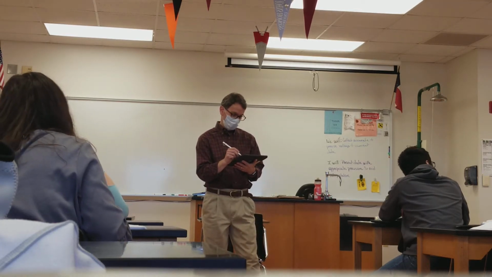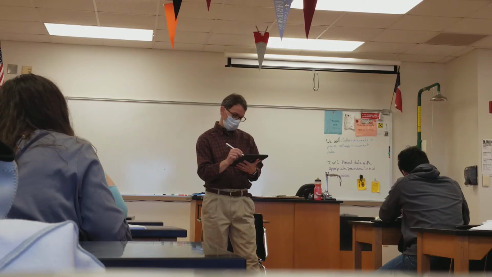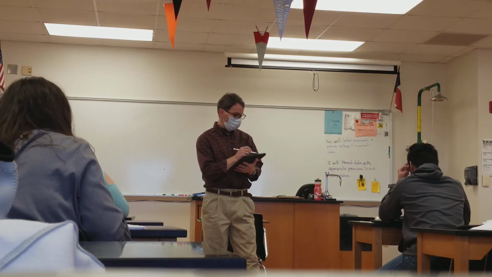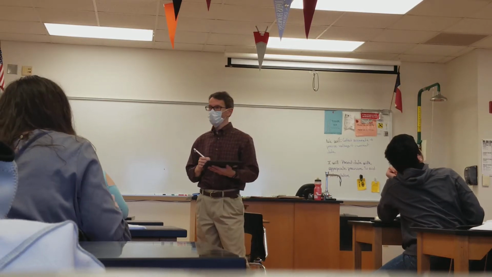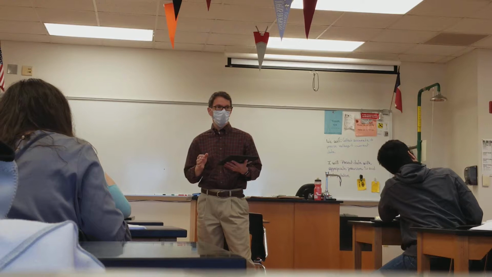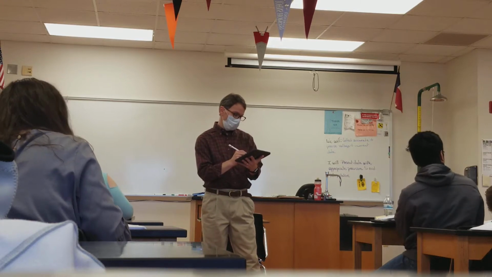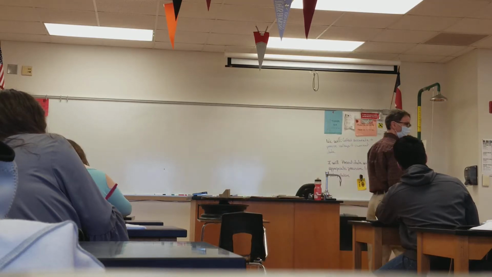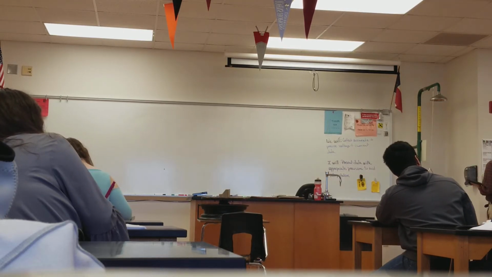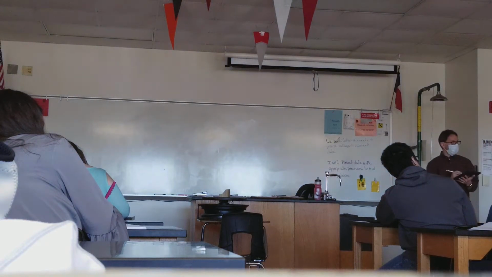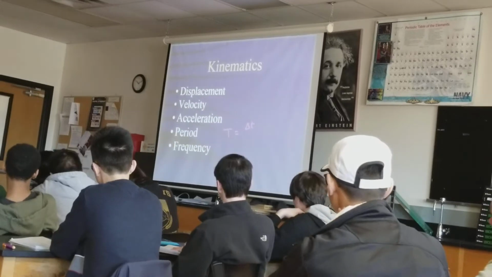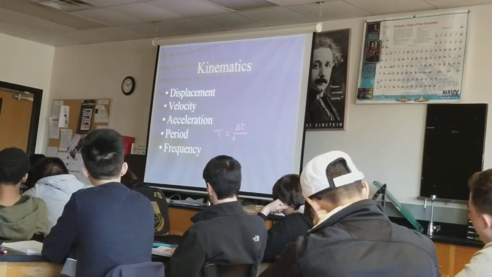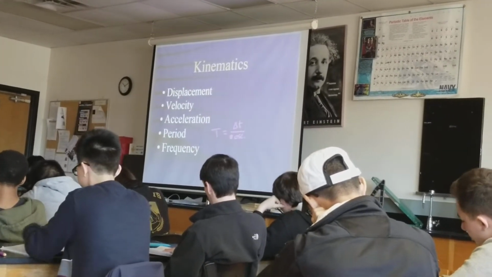So continuing with this, for reasons that are completely beyond me, I never see this equation in a textbook. I don't know why. But let's make this clear right now. The period, we use a capital T because it is a special time interval. It's not just any old time interval like a delta T. And it's equal to the time that passes divided by the number of oscillations.